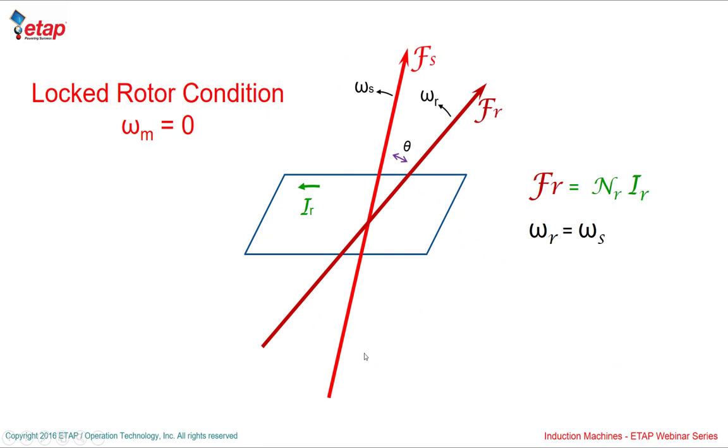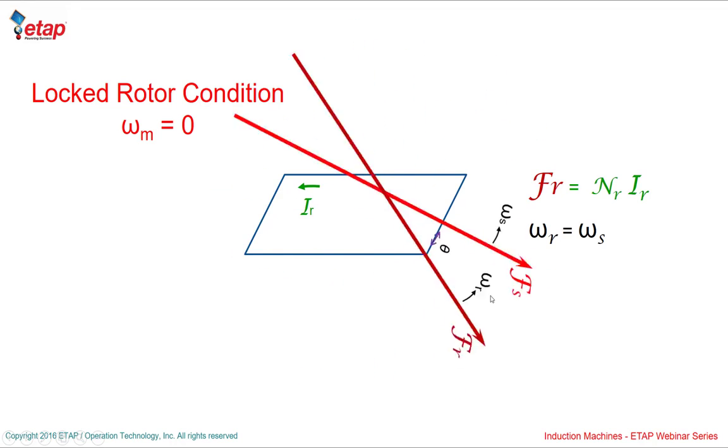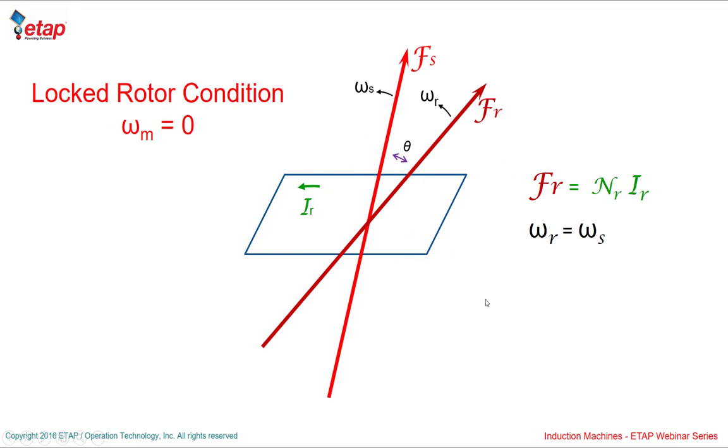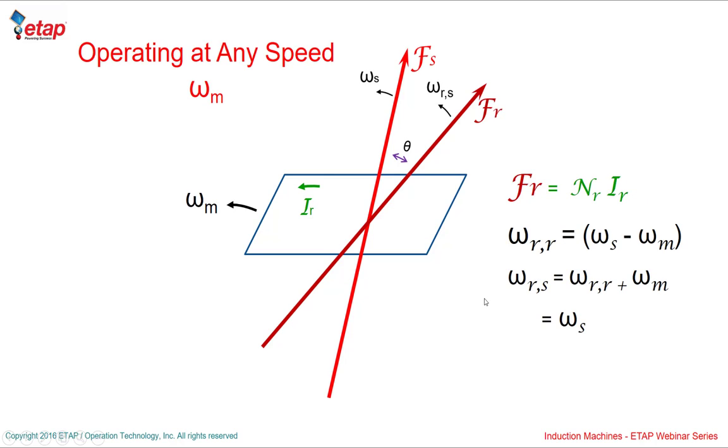We have two MMFs, one at the speed of omega s from the stator and one at the speed of omega r from the rotor, which is the same as omega s, since omega m is 0. This is a stationary winding. So when you rotate two magnetic fields, what happens? You generate torque.